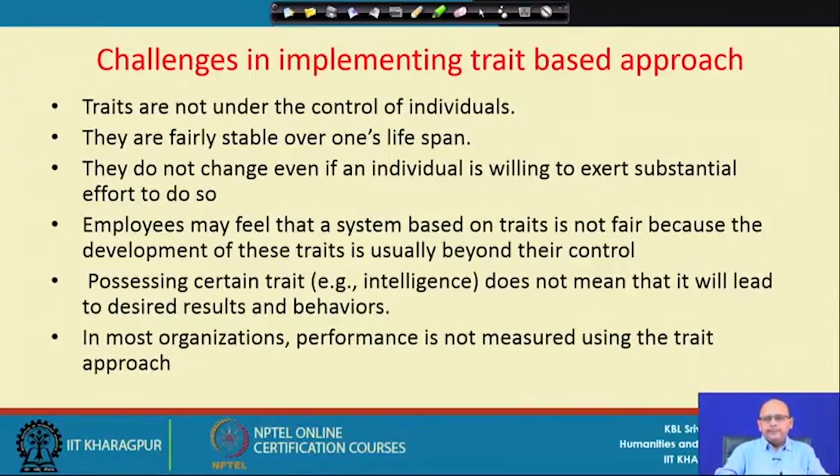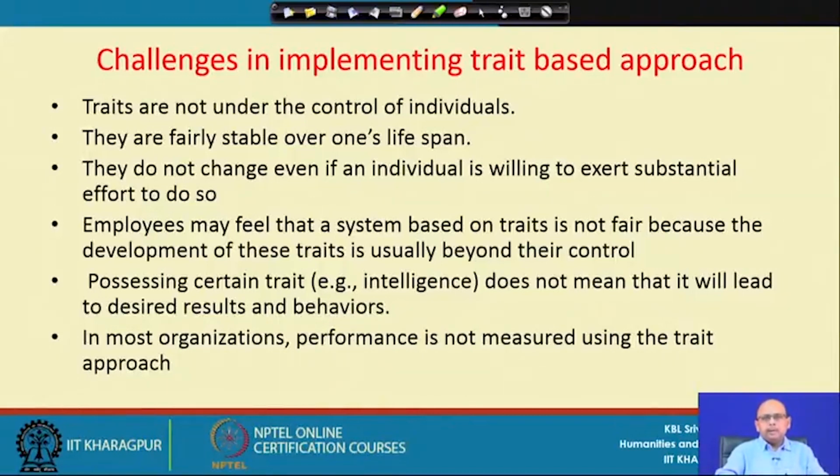So, if you have developed certain habits, right, certain preferences, certain attitudes, it is very difficult to change, right, and that is why it is not measured, it is not related with the performance, right. So, if you have certain traits, say you are very intelligent, it does not mean that it is going to result in good results. Why? Because it is not being used, or you are not using them. There could be other factors which are contributing or supporting.